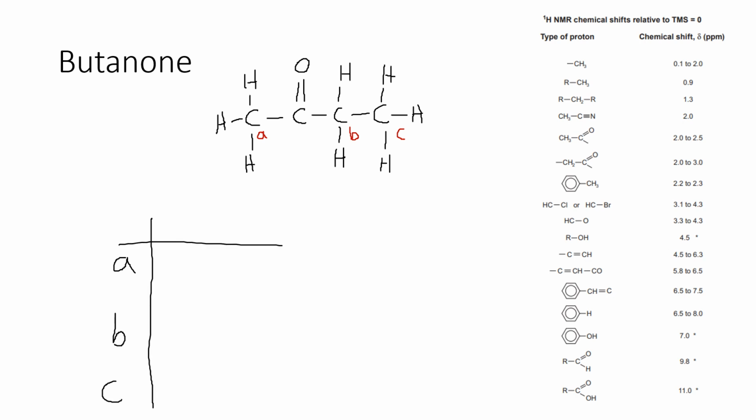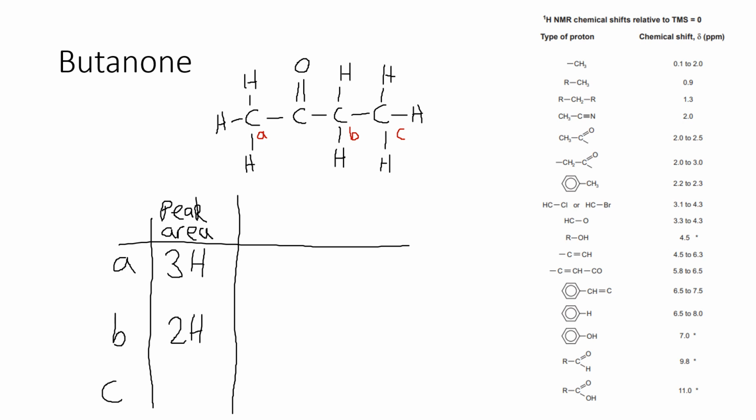Firstly, let's go through the peak area, nice and easy. Peak area, or the integration, tells you how many hydrogens are in each environment. So A is 3 hydrogens, B is 2 hydrogens, and C is 3 hydrogens.